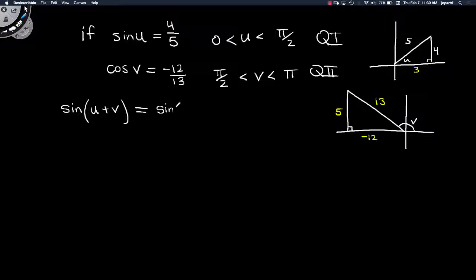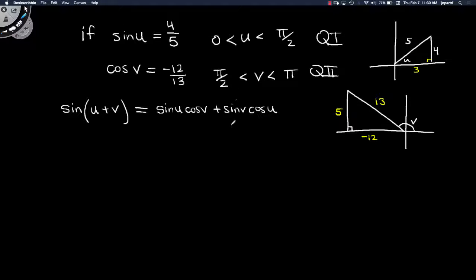Now this is the sine of u times the cosine of v plus the sine of v times the cosine of u. Do you see why I drew the two triangles first? I'm going to have to figure out what the cosine of u is, and I couldn't have done that unless I had drawn that triangle. So cosine's 3/5.